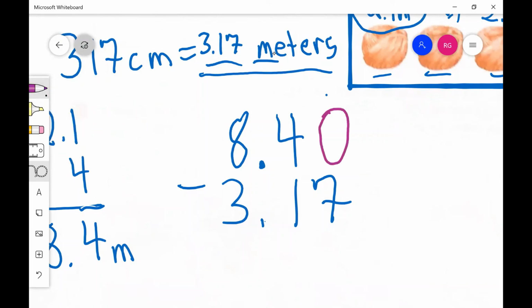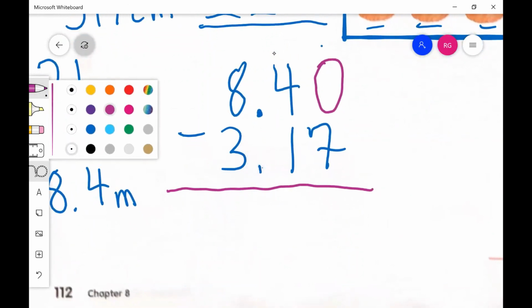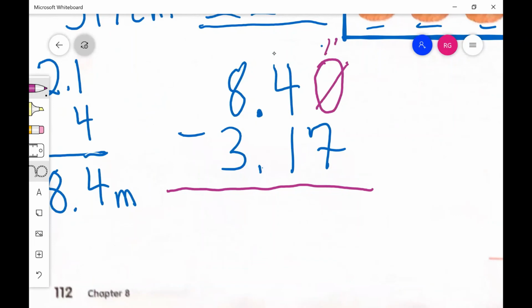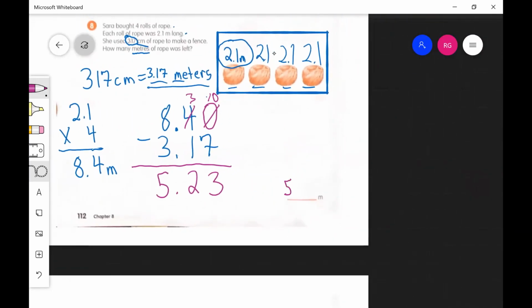Make sure you add that 0, okay? And then we can subtract fine. So help me out, guys. What do I get for my answer? 5.23. All right, so I get 5.23. And what are my units? Meters. 5.23 meters. All right, perfect. We did it. Great job, guys.